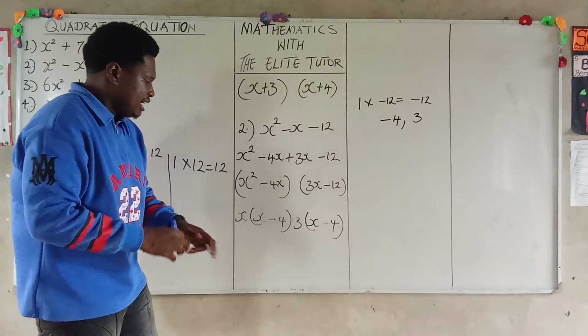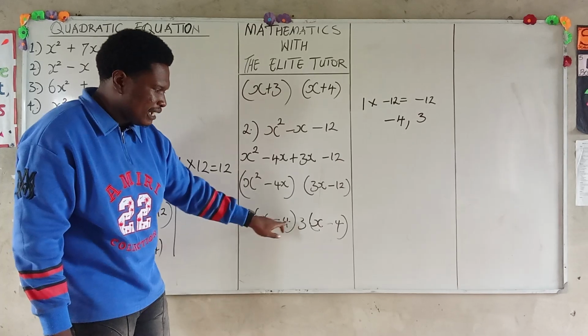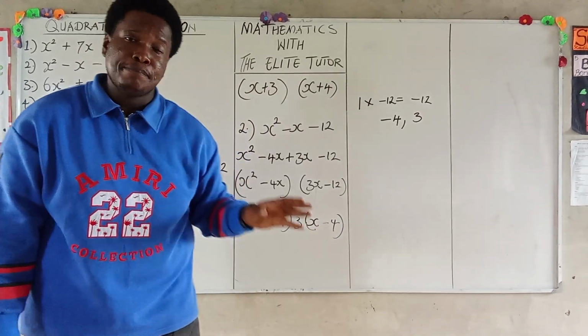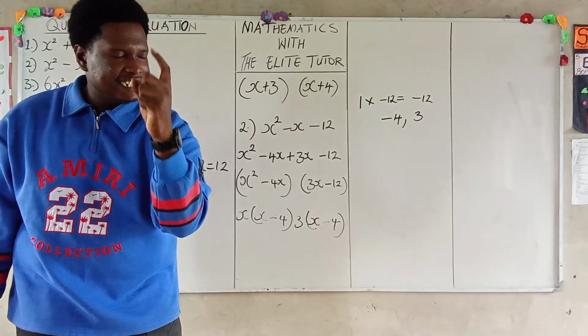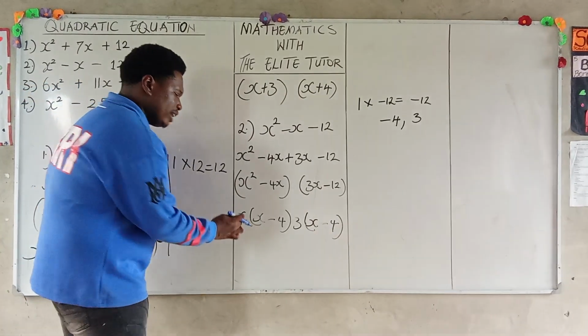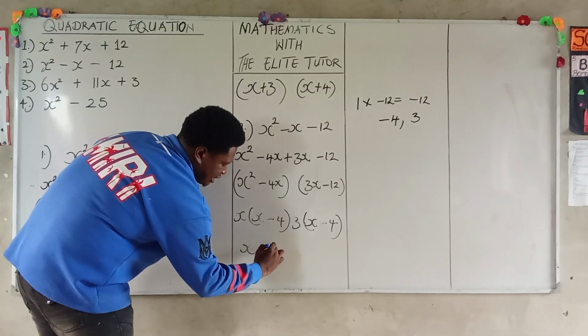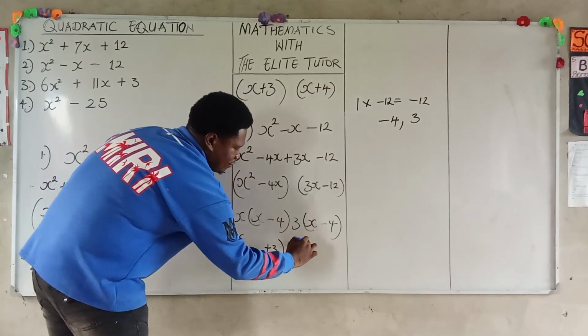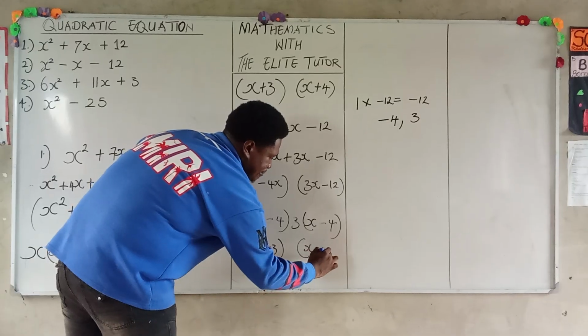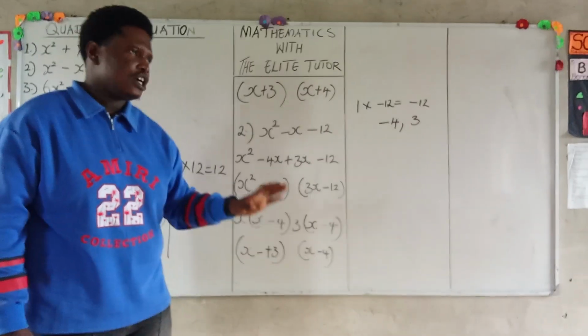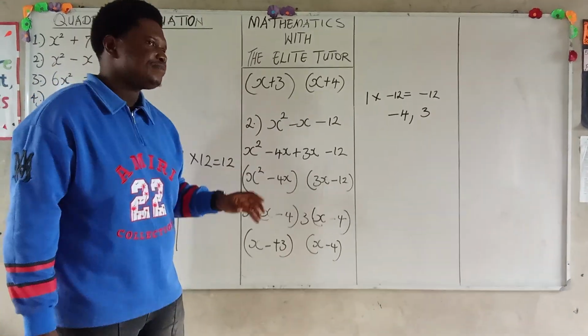So you can see x minus 4 is inside this bracket and x minus 4 is inside this bracket. For you to know that you're correct, both brackets must be the same. And then you bring out what is outside, which is x plus 3, and you pick any of the brackets, which is x minus 4. And then you've been able to factorize completely.